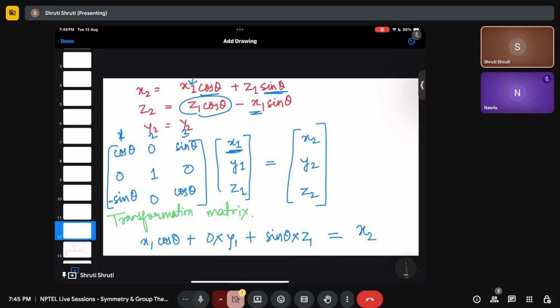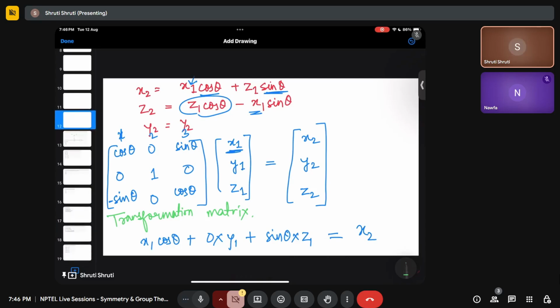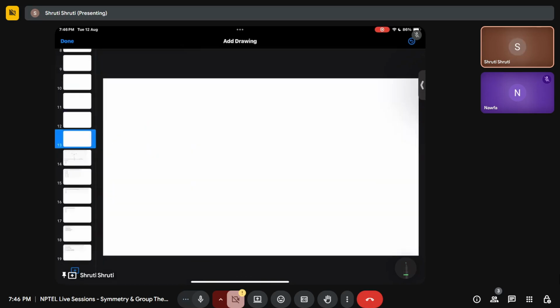Z and y we did, and along x-axis you can also write, and you can also write for the anti-clockwise direction. If the rotation is in the anti-clockwise direction, the signs will simply change.